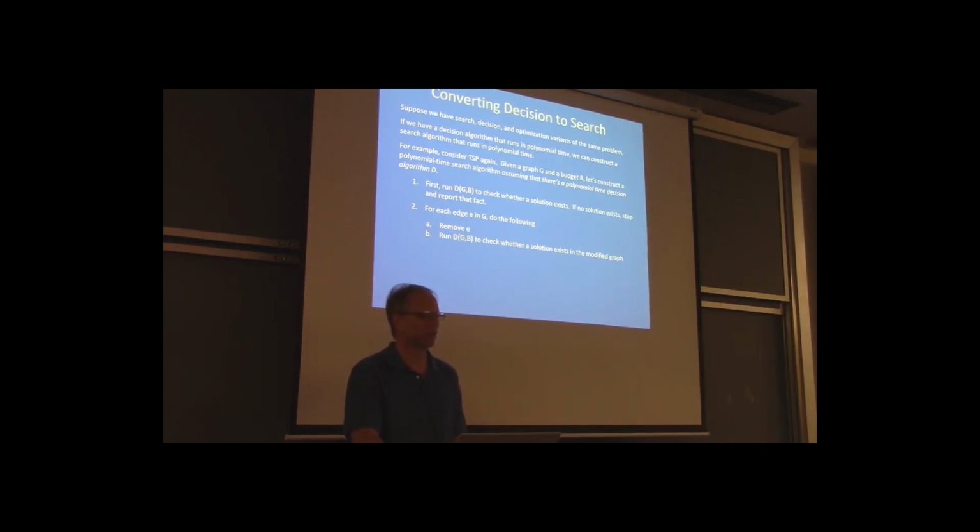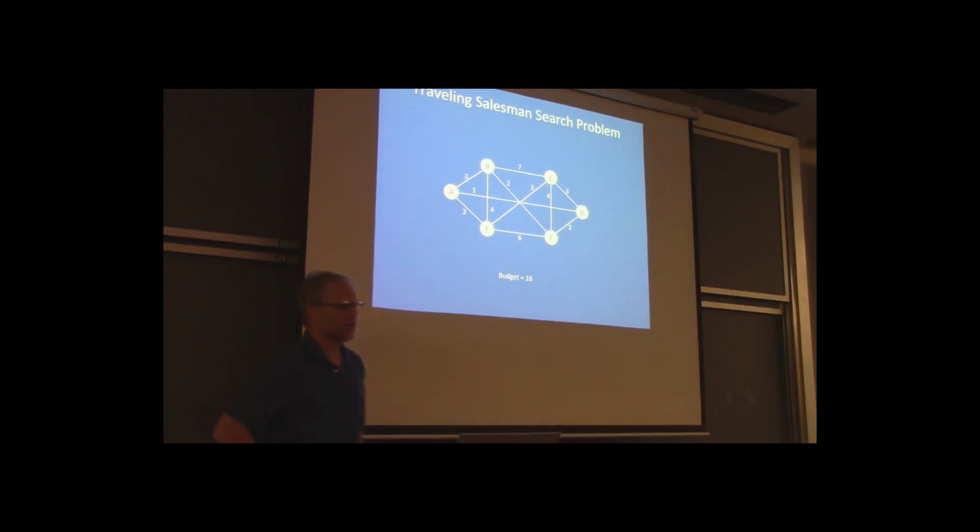Okay? So let's just look at this in pictures. So there's our graph. We've seen it before. We know there's a solution. So we're going to take the edge from A to B, and we're going to take it out. And now we're going to take this modified graph, and we're going to hand it to our decision algorithm. We're going to ask, does this graph here have a Hamiltonian cycle of weight 16 or less?